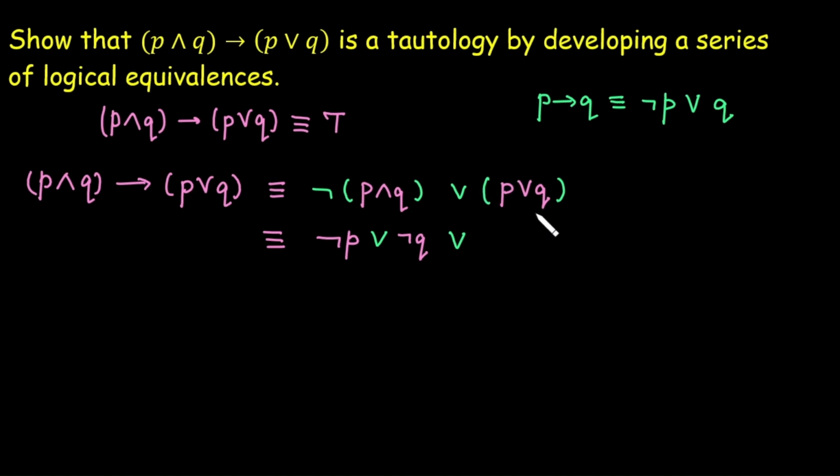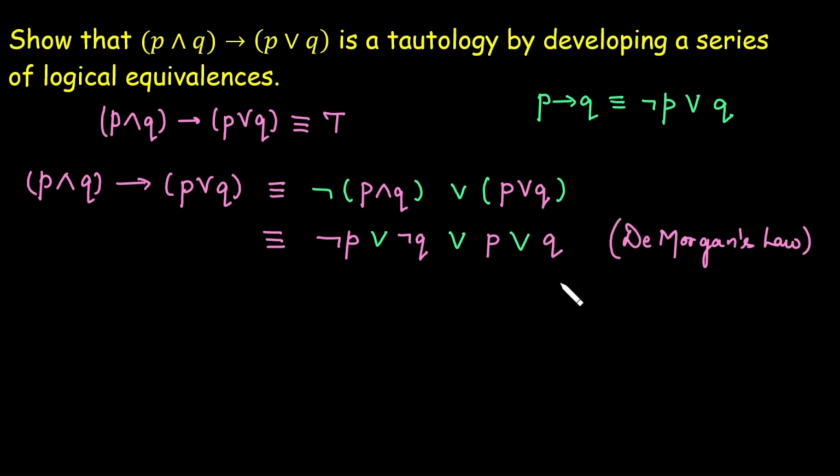The same thing is applicable here: the previous operator is OR and here we again have OR, so we can remove this bracket. When we take negation inside, negation is distributed over the bracket. It is called De Morgan's law, so we have used De Morgan's law here.